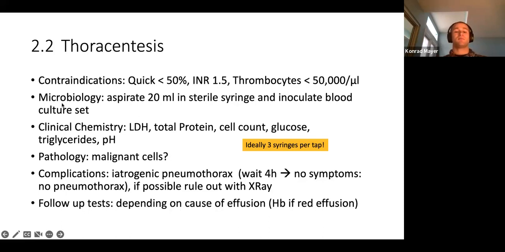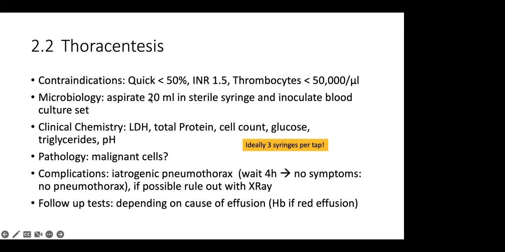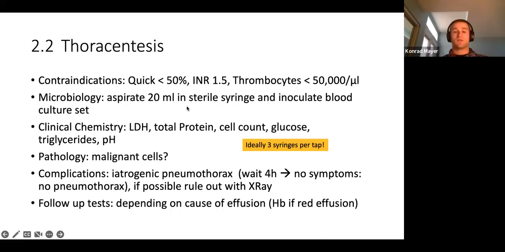And once I'm in the pleural effusion, what do I take out? I always try to take 3 syringes. I take 1 sterile syringe and try to inoculate the normal blood culture set to see if any bacteria grow. I take 1 syringe and send it to the clinical chemistry for my Light's criteria definitions, LDH, protein.